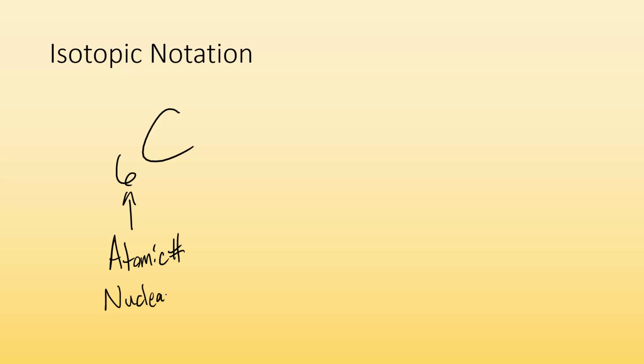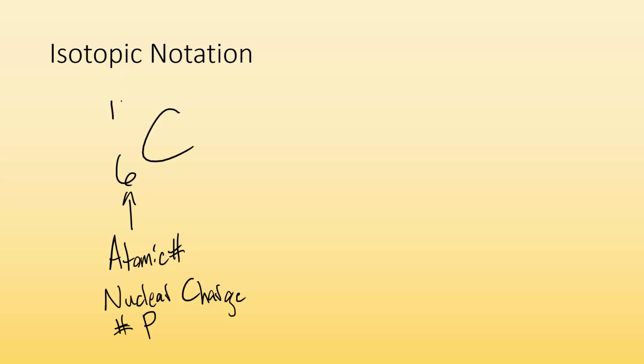All right, so isotopic notation. Basically, there's a couple of ways you can write it. Right here, this is the atomic number, right? It's also the nuclear charge, because in the nucleus, the only thing that has a charge are the number of protons. So it's the number of protons, right?